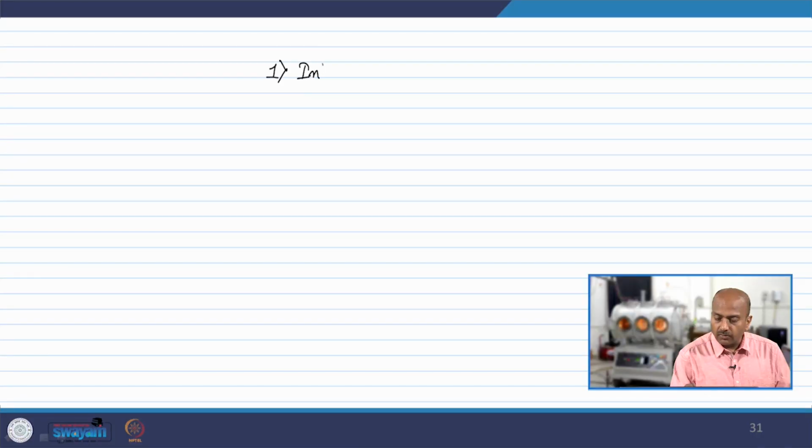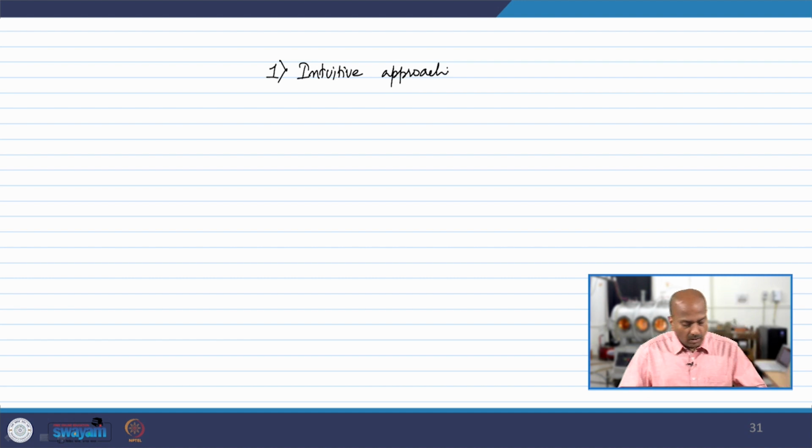These methods are, let us say, number one, the intuitive approach or method. So, what is this intuitive approach? In this method, the plasma in equilibrium is given a small perturbation so as to slightly alter the forces which are keeping the plasma in equilibrium.